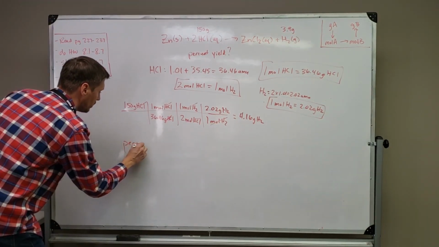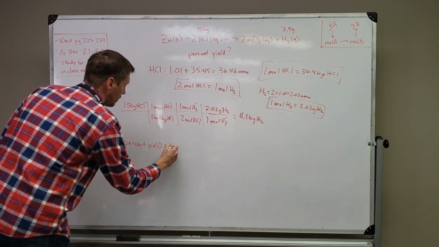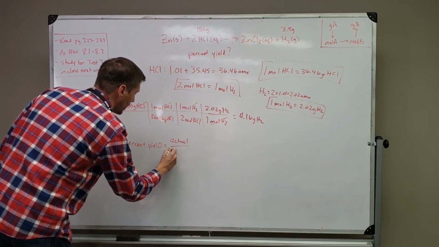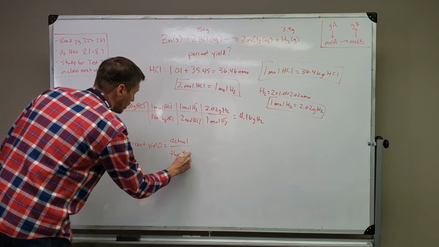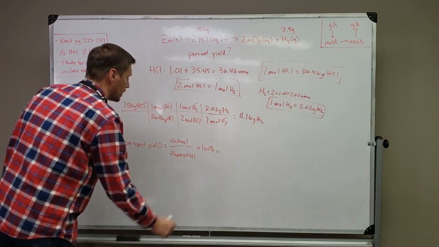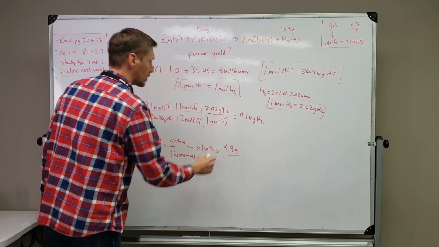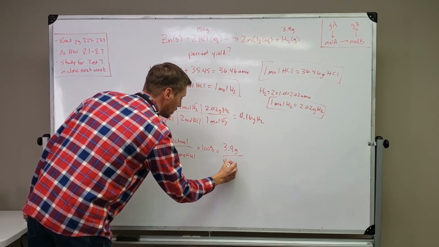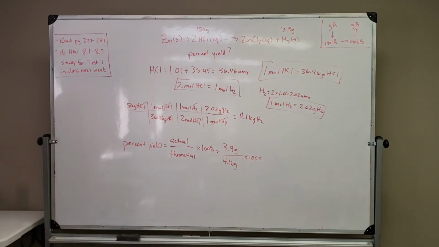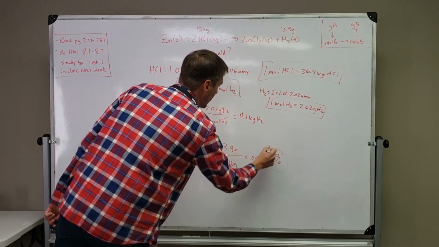We know that percent yield is the actual value over the theoretical value, times 100%. So actual was 3.9 grams when we expected to get 4.16 grams, times 100. So when we punch that in our calculator, we get 94% as our percent yield.